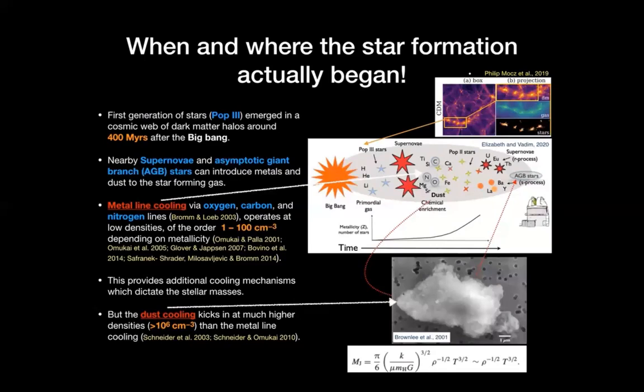So the first generation of stars was quite massive, and since they were quite massive, they have a relatively short time to live. Soon they become supernovae, and when the supernovae occurred, they give birth to new chemical species in the star-forming regions. Among these chemical species, carbon, nitrogen, and oxygen were the key players, providing the metal line cooling, hence making the temperature drop down for the next generation of star-forming gas.